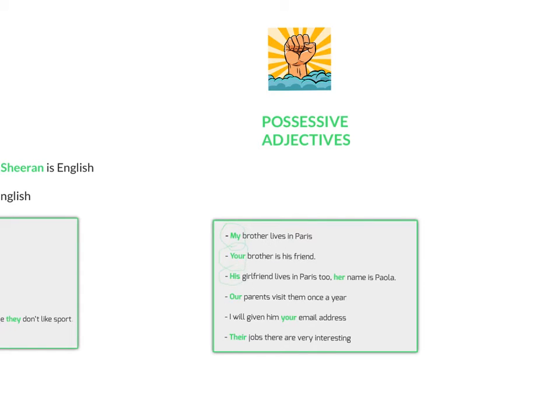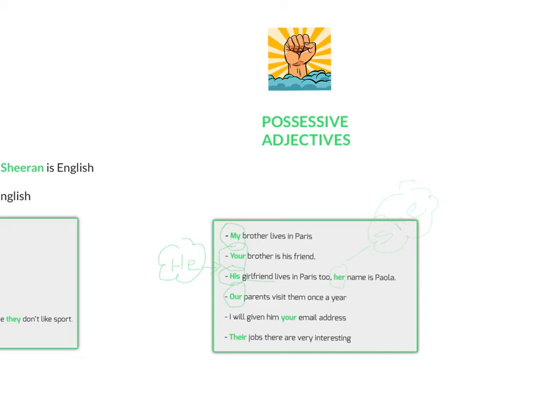His girlfriend means that it's the friend of my brother. So he, possessive his. Her name is Paula, and it corresponds to the girl because it's my brother's girlfriend. We're talking about a girlfriend, she. So the possessive adjective corresponding to she is her.